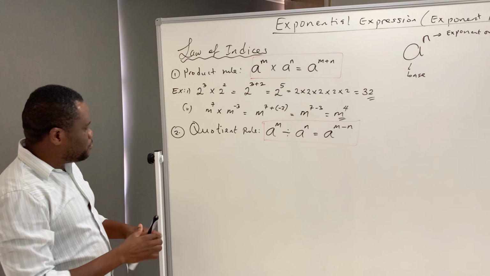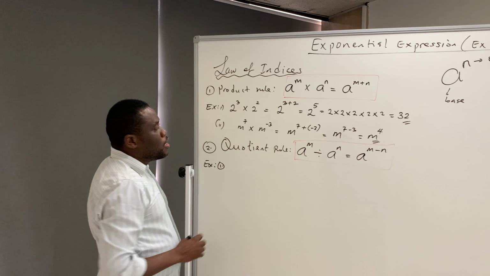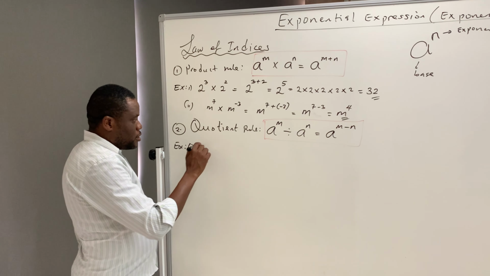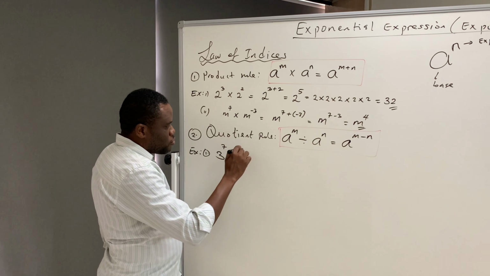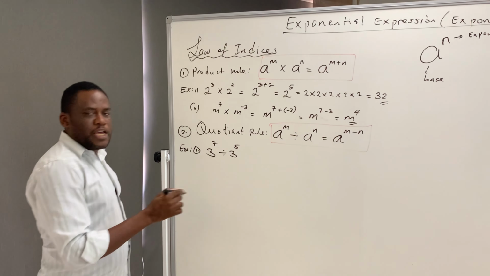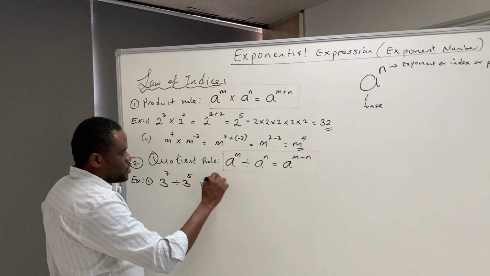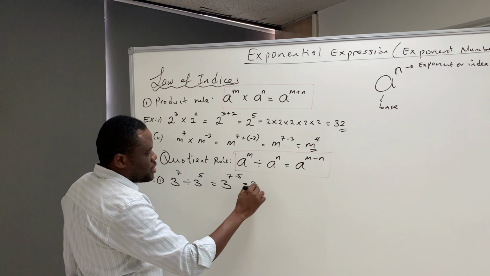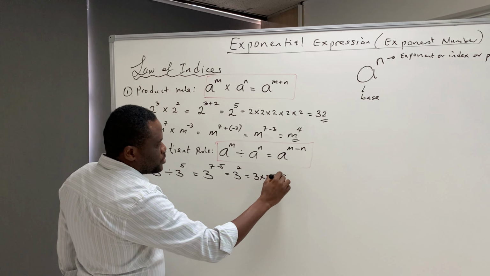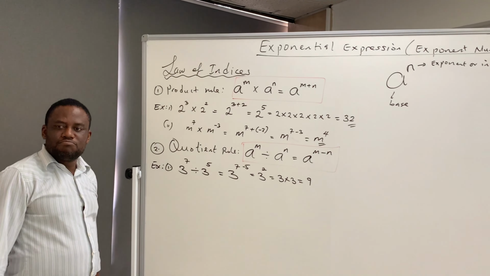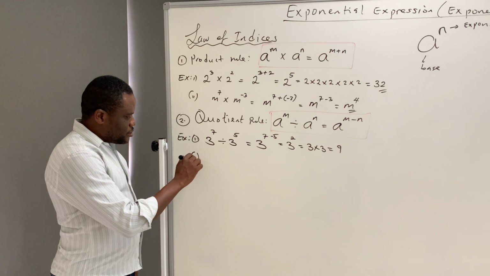Let's have an example on this one. 3 to the power of 7 divided by 3 to the power of 5. 3 is common. Pick one 3, and 7 minus 5. That is 3 to the power of 2, which is 3 times 3, which is 9. Let's do another example.